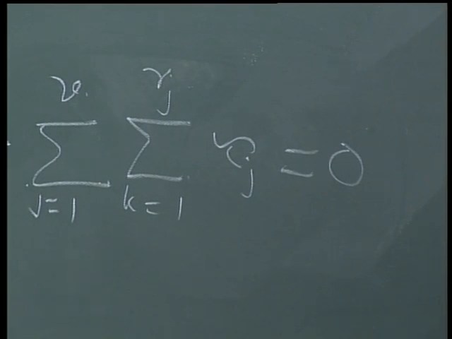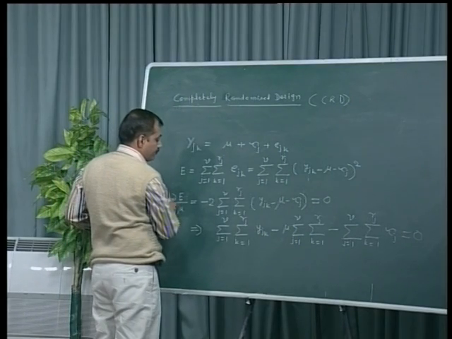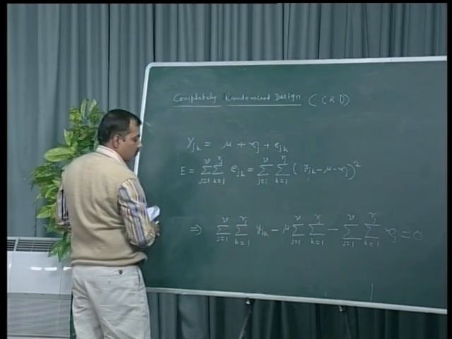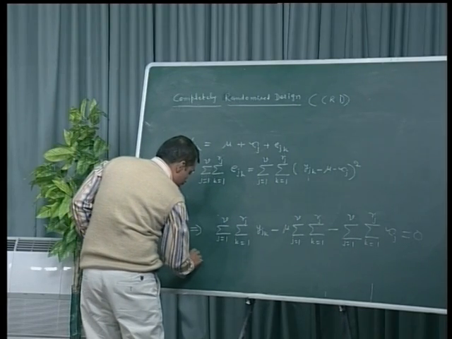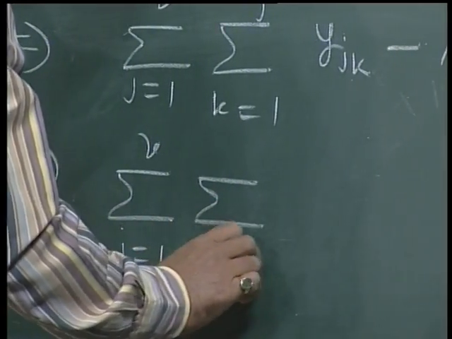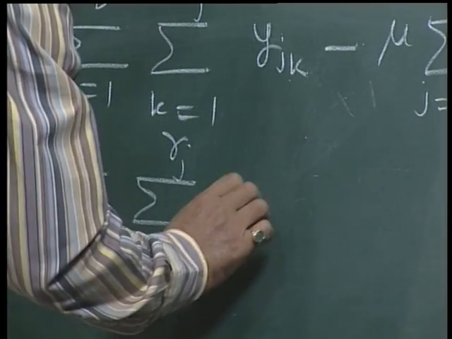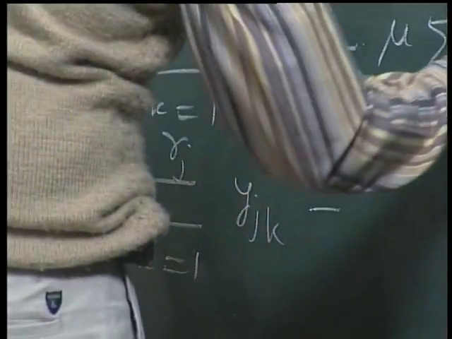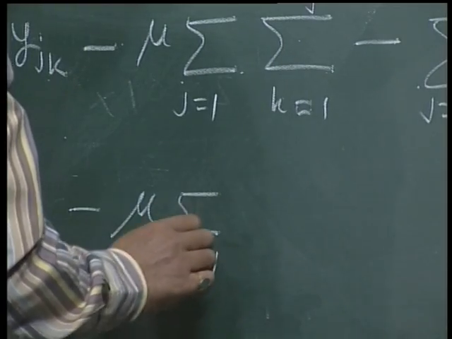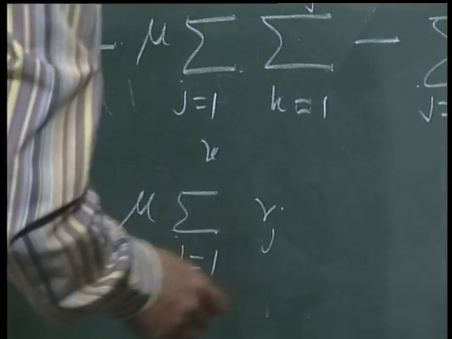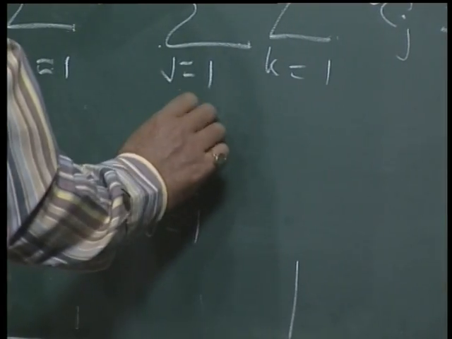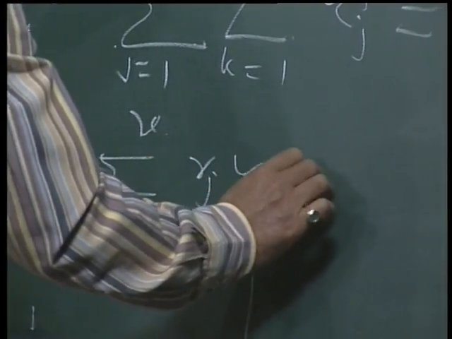Now further simplify this. We get the double summation of yjk, and since k takes values up to rj, mu times the summation of rj, which is n, minus the summation of rj tau j equal to 0.